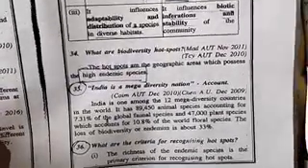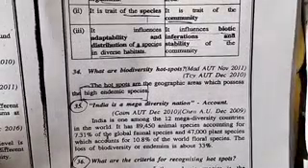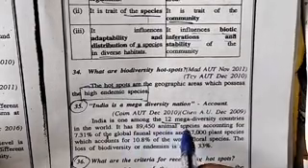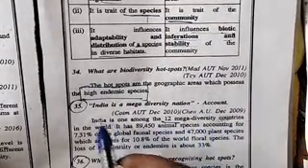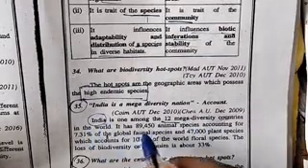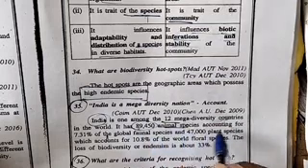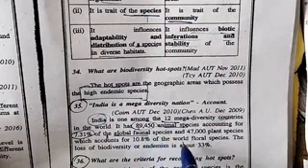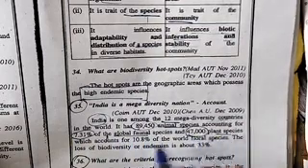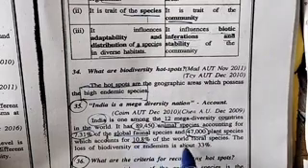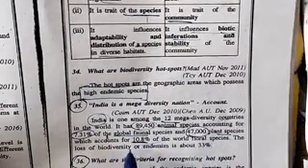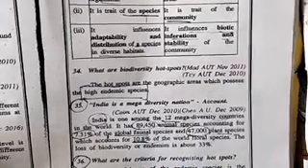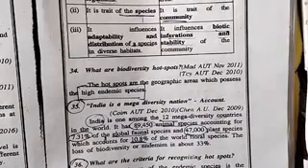Next, India is a mega diversity nation. Explain. India is one among the 12 mega diversity countries.